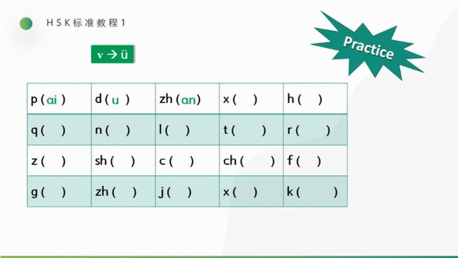This is on. An should be 沾. Okay, next one. 歇. Yes, very good. It's ye, right? Do you remember we learned one word with this pinyin?